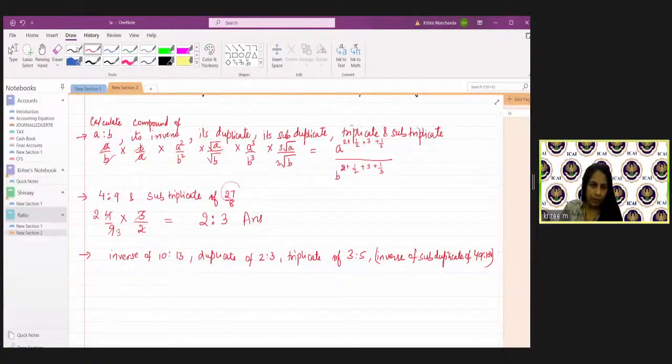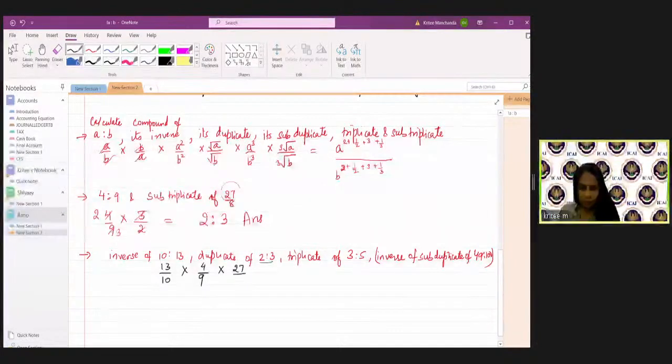So go one by one. I have to find the inverse of 10/13. That's 13/10. Compounding with duplicate of 2/3. Duplicate means squaring. So square of 2 is 4. Square of 3 is 9. Triplicating 3:5: cube of 3 is 27 and cube of 5 is 125.